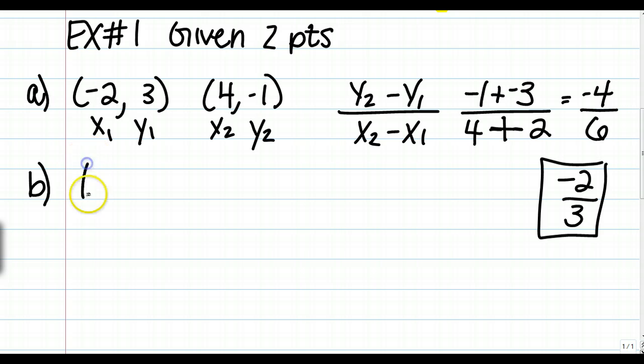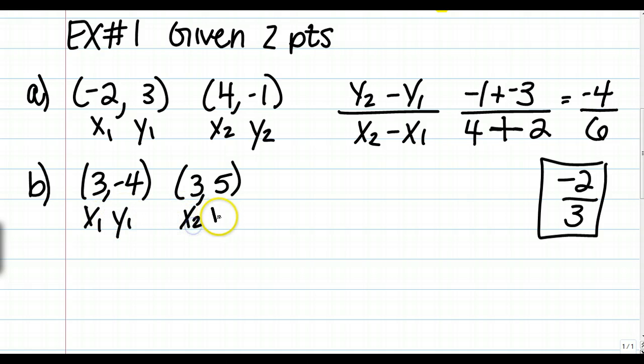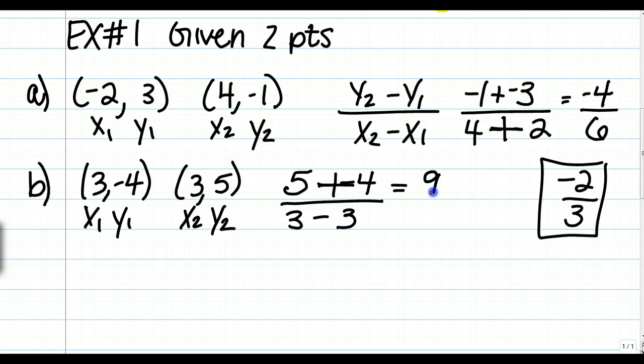Let's do another one for practice. What if I gave you the points 3, -4, and 3, 5? Again, I'd label my points so that I wouldn't forget which one's which. I'd plug them into this equation, so I would have 5 minus -4 over 3 minus 3. Well, this would become a positive, so it would be 9, and 3 minus 3 is 0.